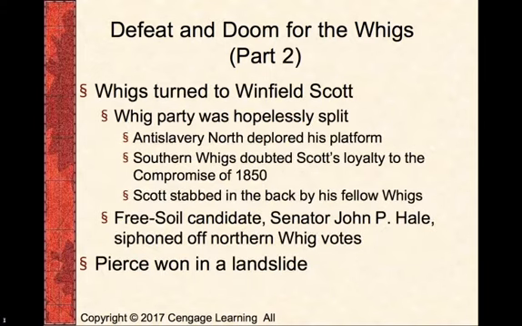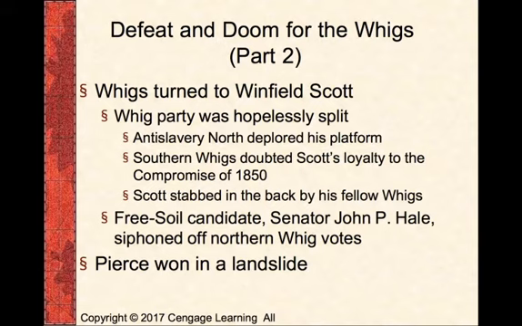The Whigs turned to General Winfield Scott. They tried to throw another general in the office after General Taylor dies. But the party was hopelessly split between anti-slavery Northerners, and then there were Southern Whigs who doubted Scott's loyalty to the Compromise of 1850.